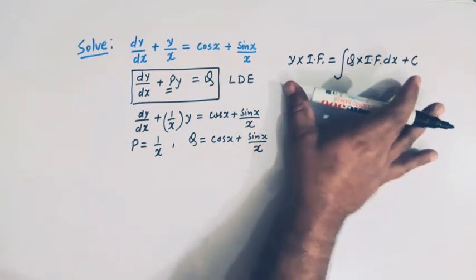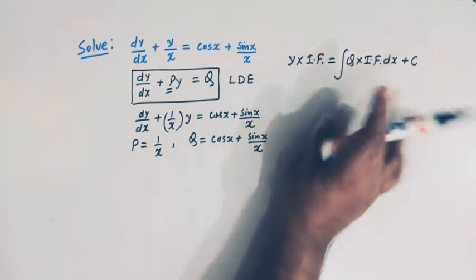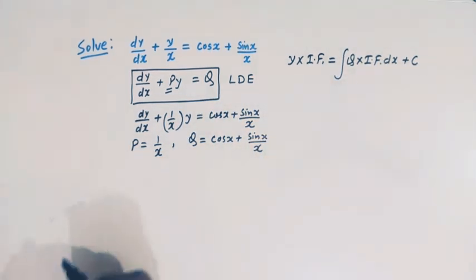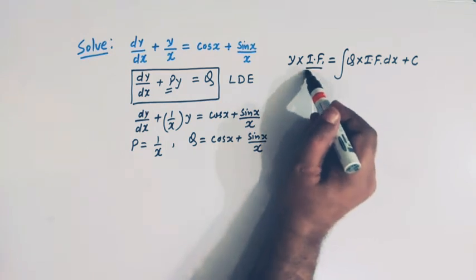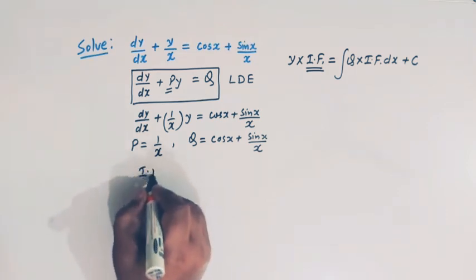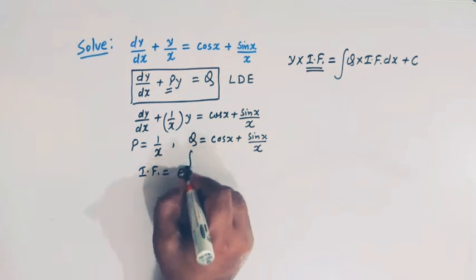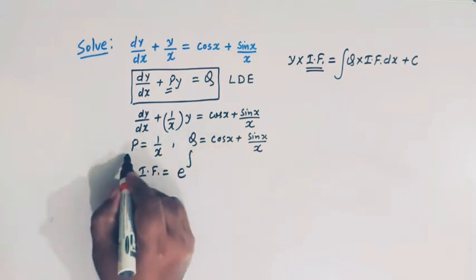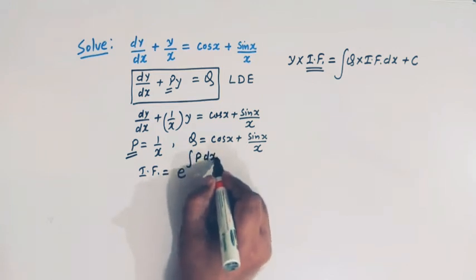So the solution of this type of linear differential equation is given by this expression, and here we have to first find out the integrating factor, right? So the integrating factor is given by e raised to integral of p with respect to x, right?